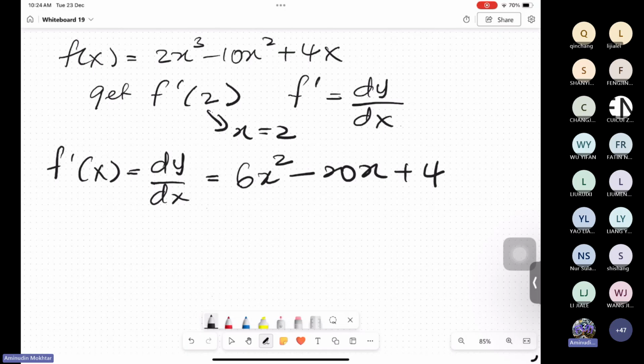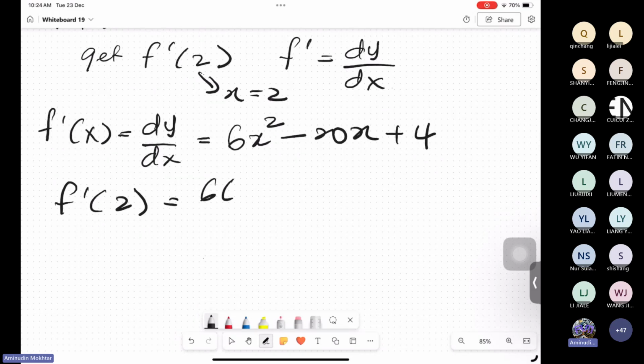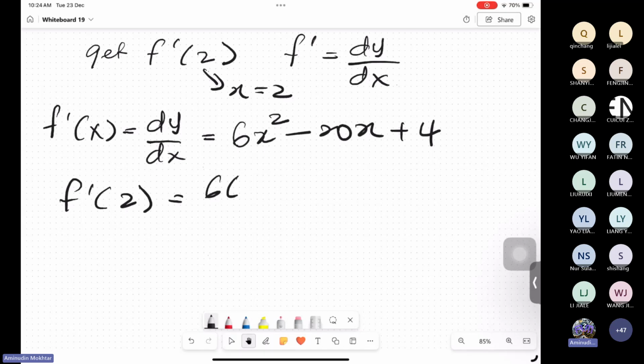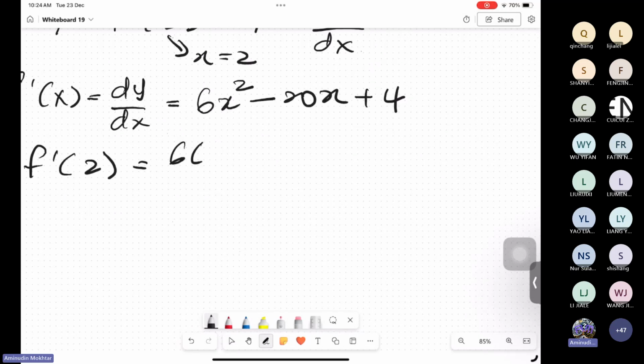That is the first derivative. Now we need to replace x equal to 2 in the question. So this equals 6 times 2 squared, we just replace x equals 2, minus 20 times 2 plus 4. The answer is negative 12.